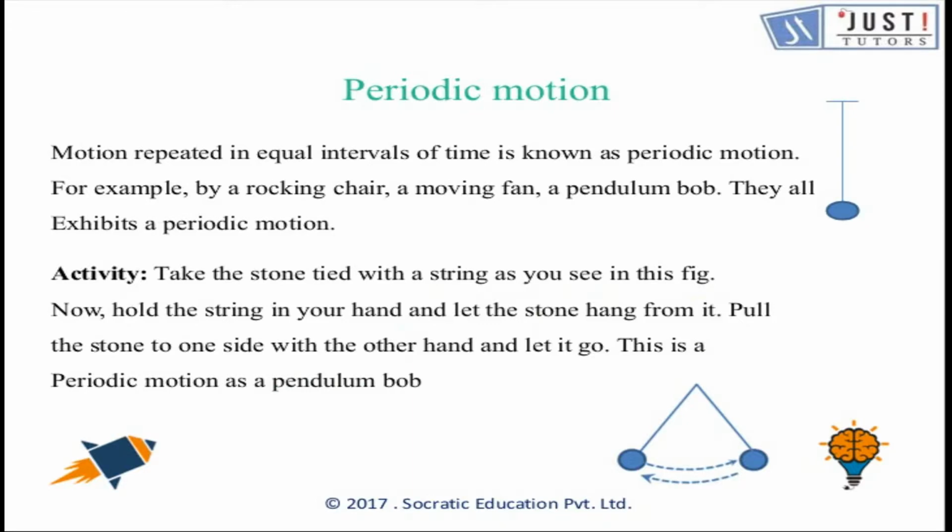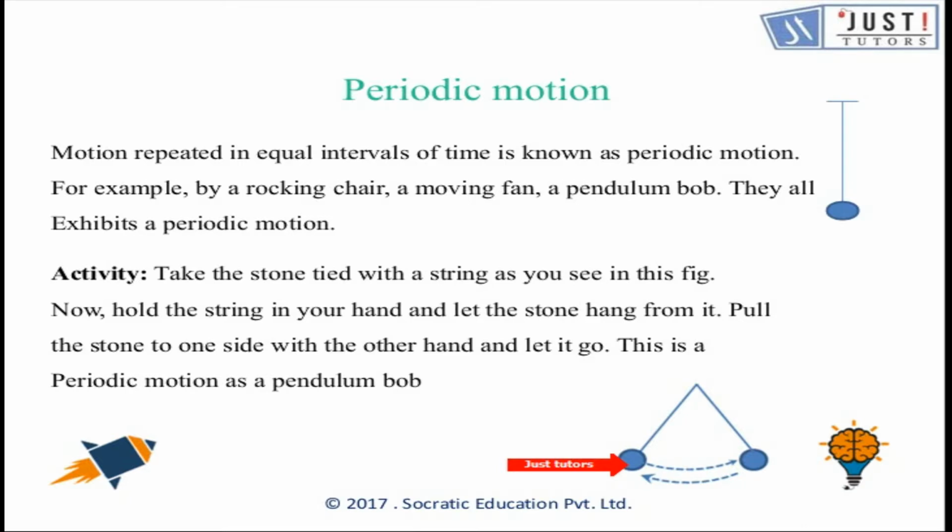The second one would be periodic motion. Now talking about periodic motion, it's a motion that is repeated in equal intervals of time. It can be the movement of a rocking chair, a moving fan, or maybe a pendulum bob, as one is shown right here. Now this can be explained with the help of an activity in which you can tie a stone at the end of a thread, and you can try and hold the string in your hand and let the stone hang from it.